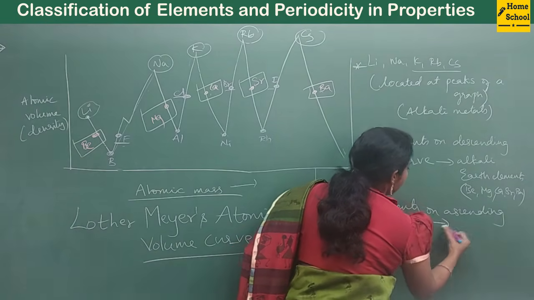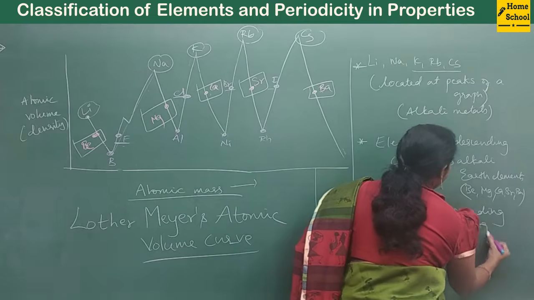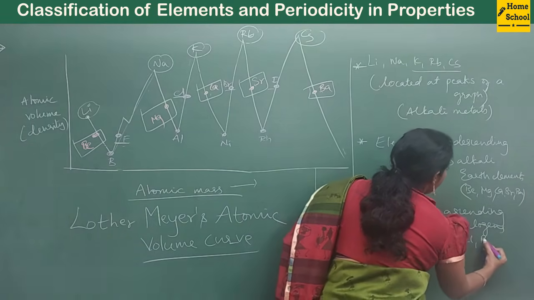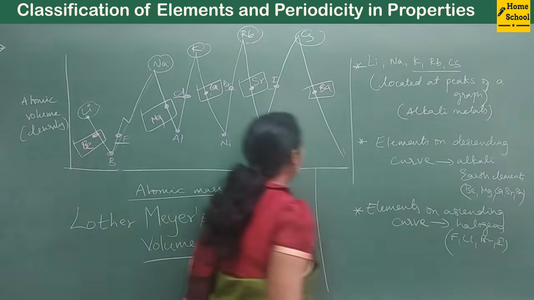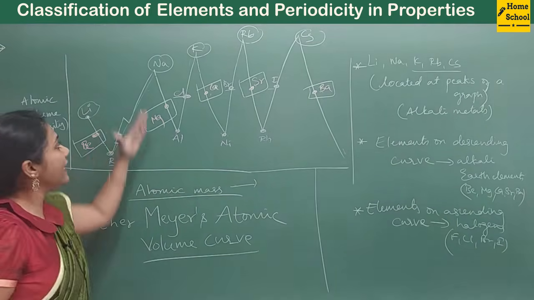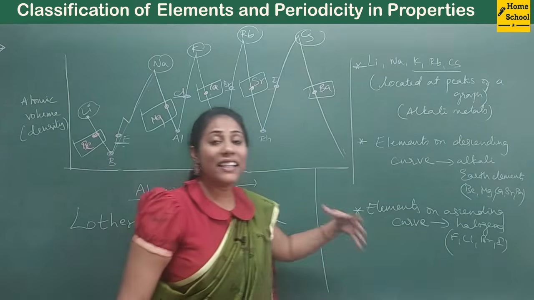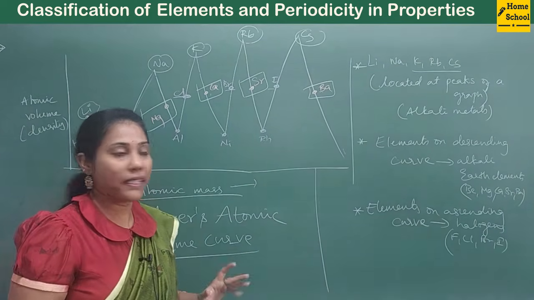He called these elements halogens: fluorine, chlorine, bromine, iodine. So all of them occupy the ascending curve, so all of them must have had the same chemical and physical properties.